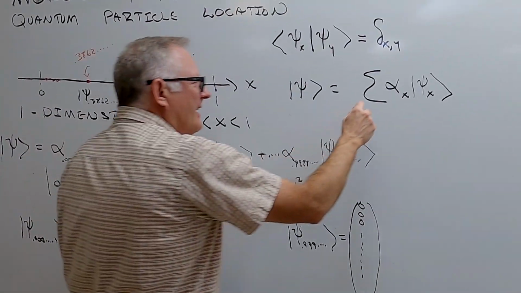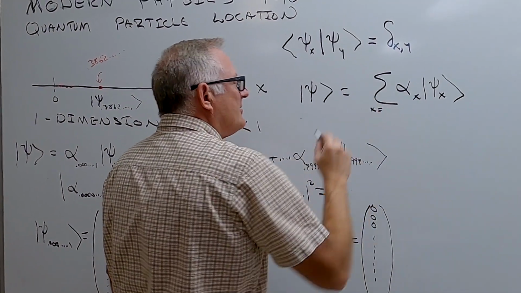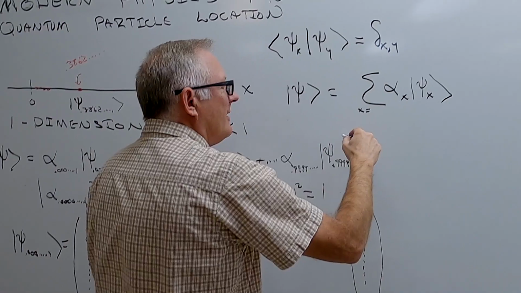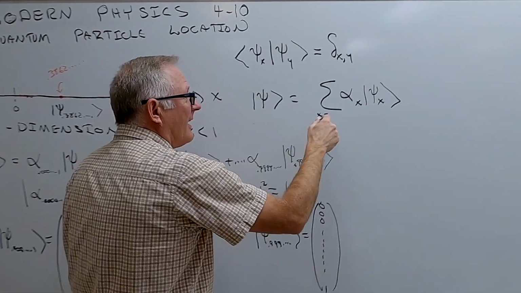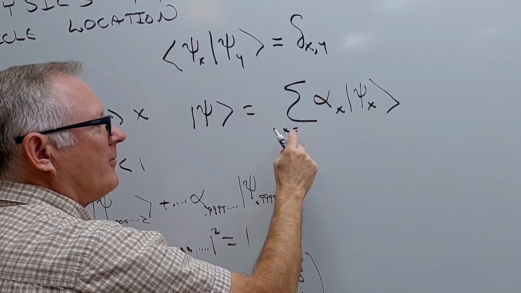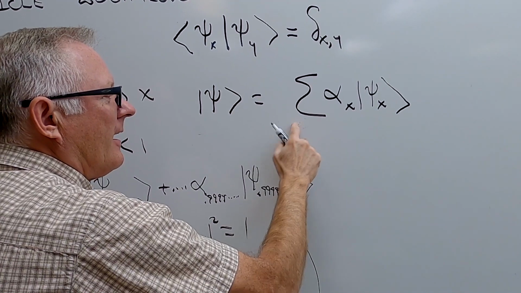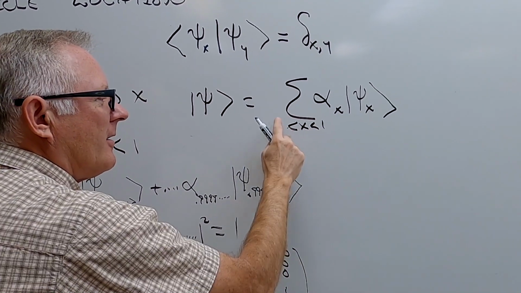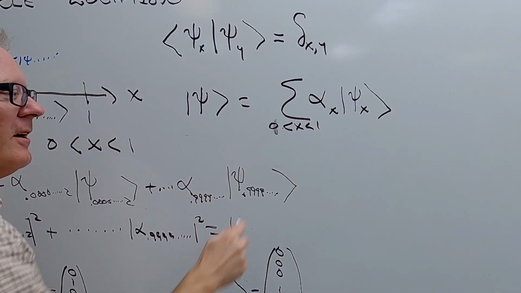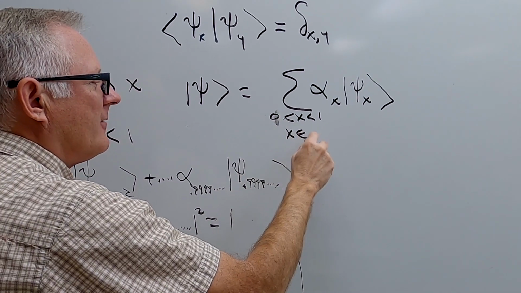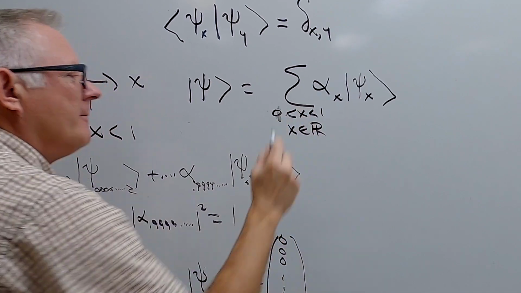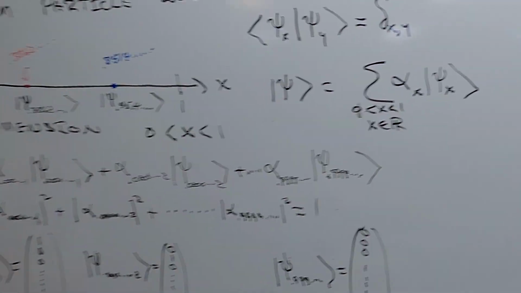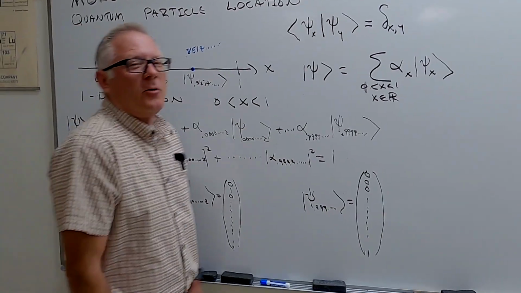So actually it's going from not quite 0. How about if we just say x is between 0 and 1, where x is an element of all the reals. I don't know if this is kosher, but you know what I'm talking about.